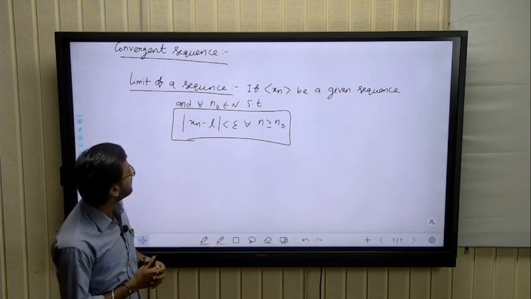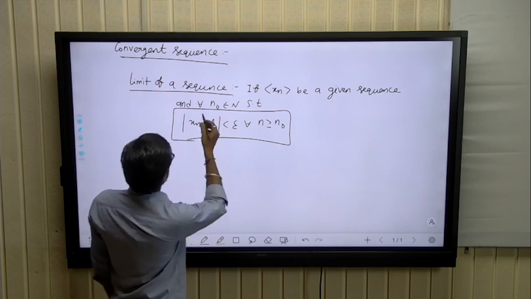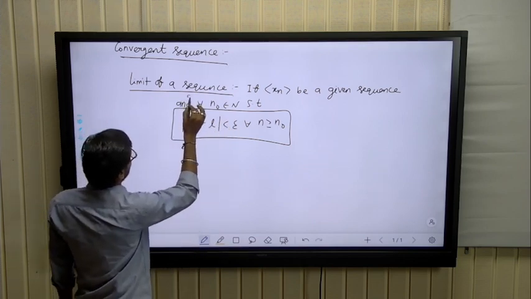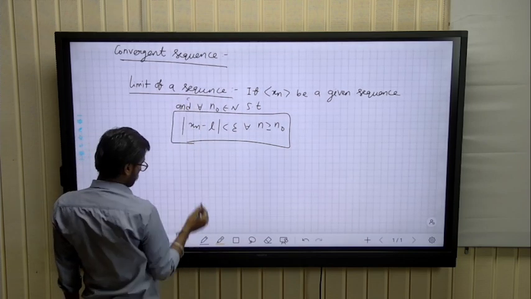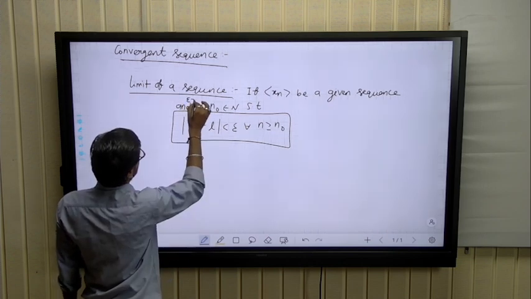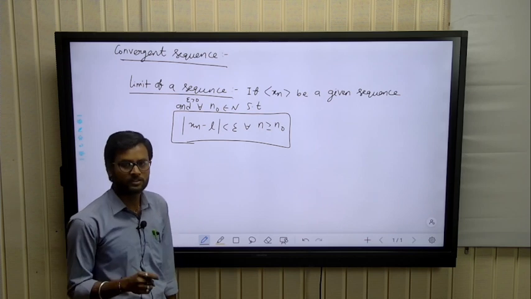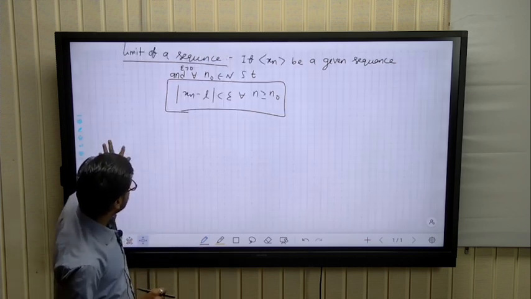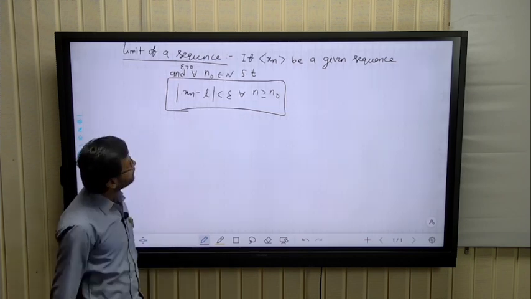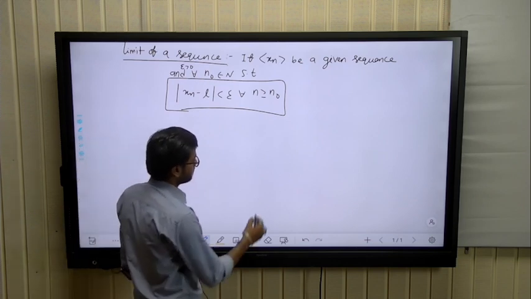Here first you write for all epsilon greater than 0. Basically, epsilon is a positive number. We see the limit of a sequence in a geometrical manner like this.